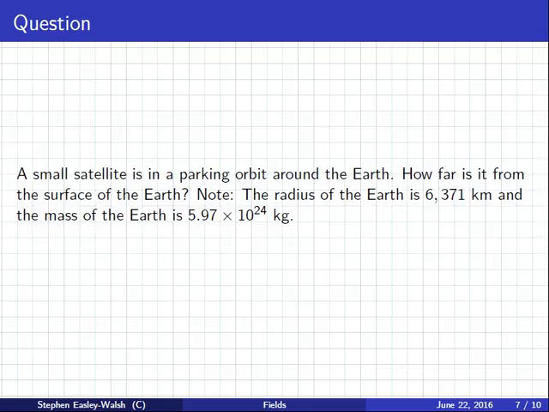Okay. The T is for the satellite, which is the same as for Earth because they're in a parking orbit. So this is the satellite's T, and it's the satellite's radius, but it's the Earth's mass in the formula.